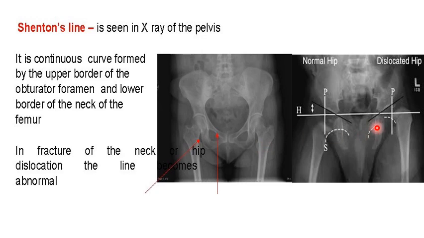When there is discontinuity in this arch, that is, there is no correlation between the upper border of the obturator foramen to the lower border of the neck of the femur, it indicates there is a dislocated hip. That can be very clearly seen with the radiograph.